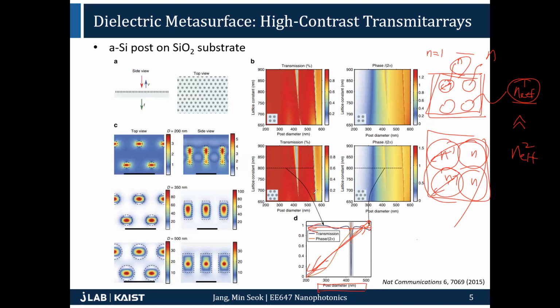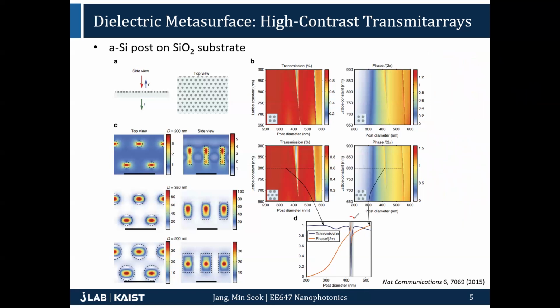And the only interesting feature here is here, where you have an abrupt dip in the transmission spectrum and also a perturbation in the phase. And here what happened is a resonance, right? Even though we tried to kind of minimize the resonance, somehow here the resonance occurred. And when the resonance occurred, the amplitude and phase of the response change dramatically.